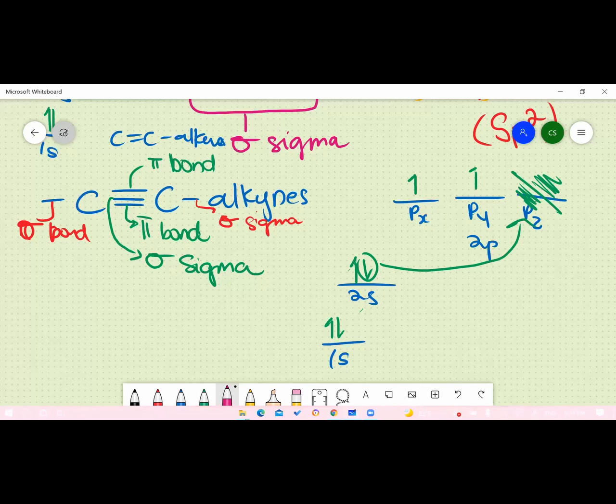An sp degenerate. Very good. sp orbitals. Can I call it degenerate, or is that incorrect to say? You can call it degenerate. Degenerate is an adjective though. So degenerate orbitals.